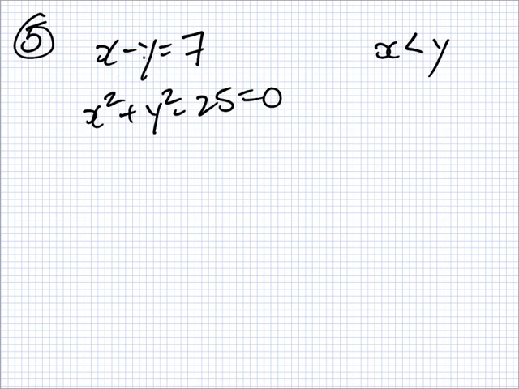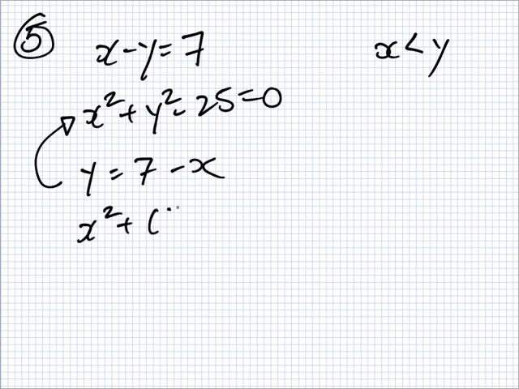We have to rearrange the first equation, so we could say y equals 7 minus x, and put that in here. So you have x squared plus 7 minus x squared minus 25 equals 0. Sorry, did I do that backwards?